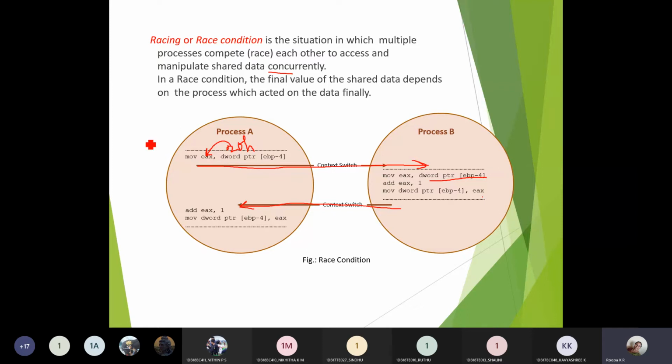So suppose in 17, 18, 19, 20, if this is the first word, I'm storing the value as 0, 1, AF, 0, 6, 32. Starting from here, this will be the LSB part and this will be the MSB part.